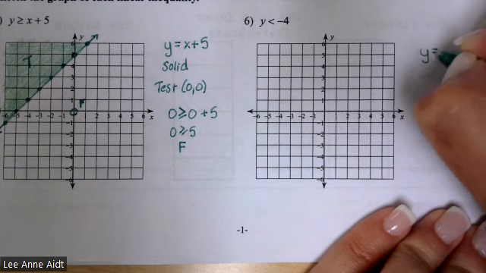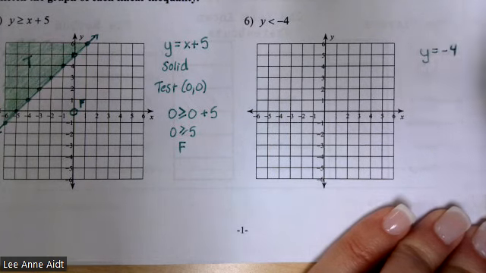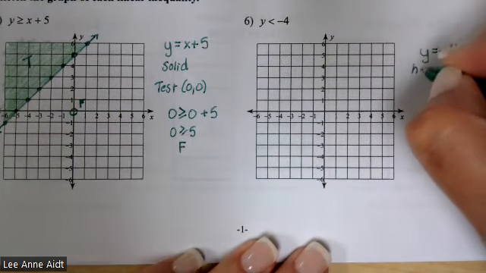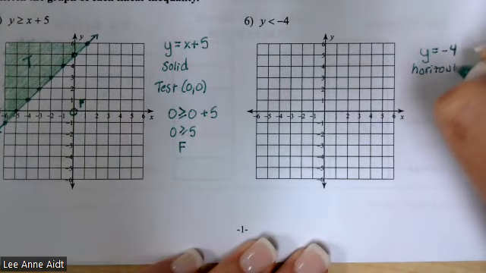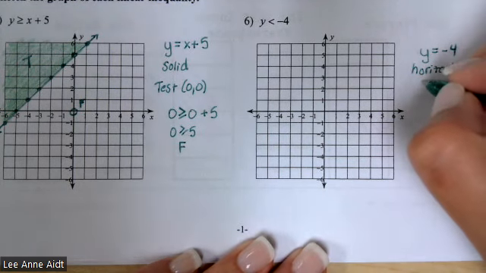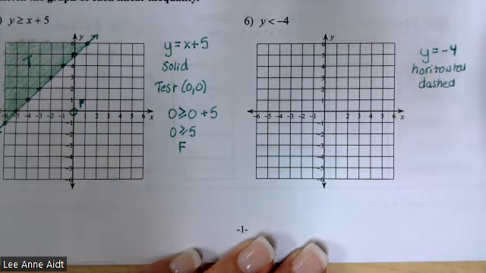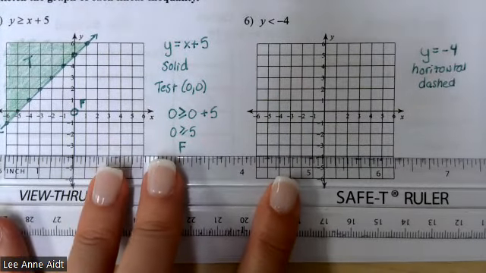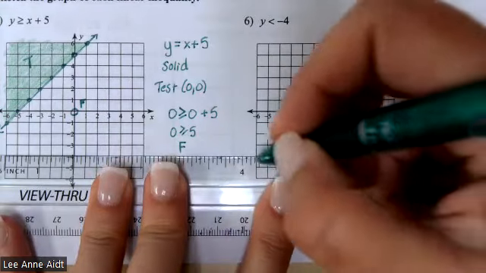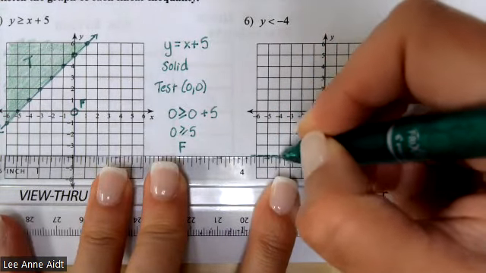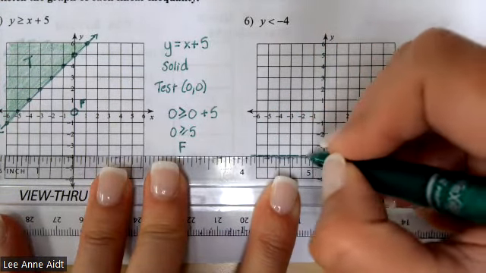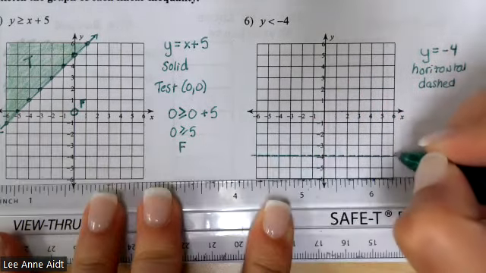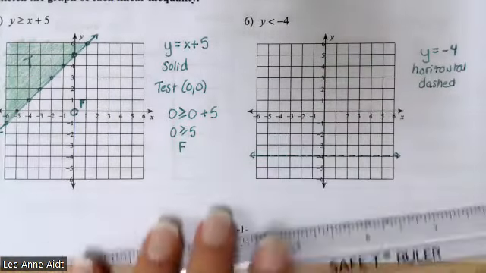Okay, y equals -4. Y equals -4. That is a horizontal line. And it will be dashed. Okay, so I got to find all the places y is -4, and that's here. And I have to remember to dash it, but I'm using erasable pen, so kind of cheating.